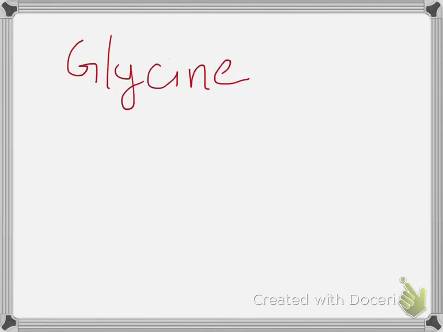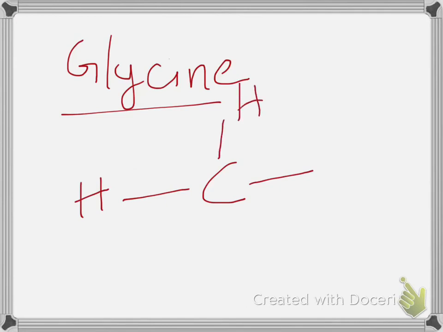Now let us see one example using glycine. What is glycine? Glycine is an amino acid in which the R group is H. Instead of R, we can use H, with NH2 and COOH. So this is the structure of glycine.